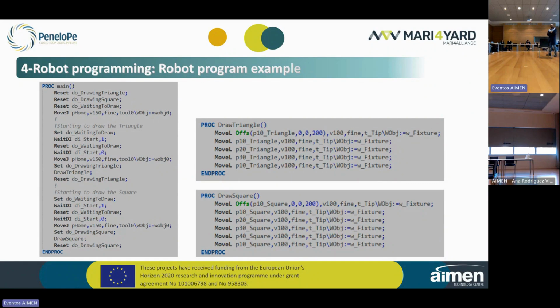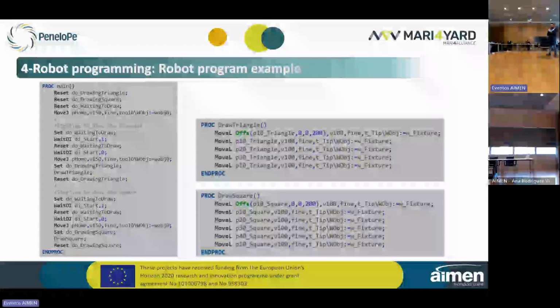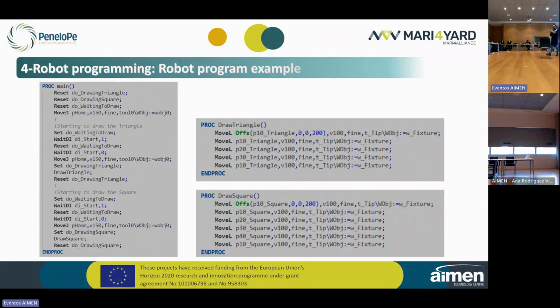And there is another routine to draw a square with a robot. It's an example I did some days ago to show you what a robot program looks like. This is something that we are going to try downstairs to perform in the next practice.